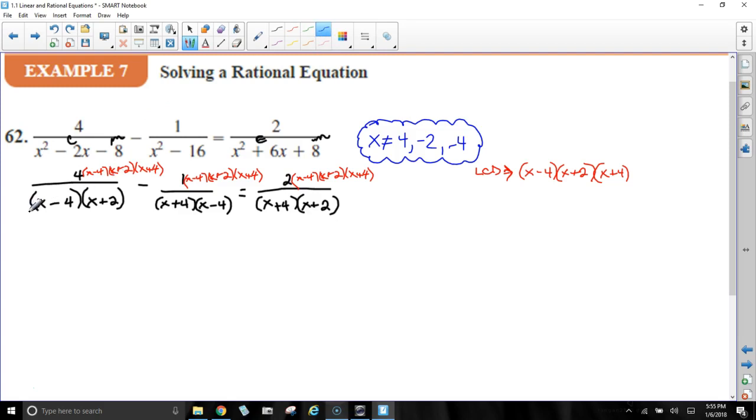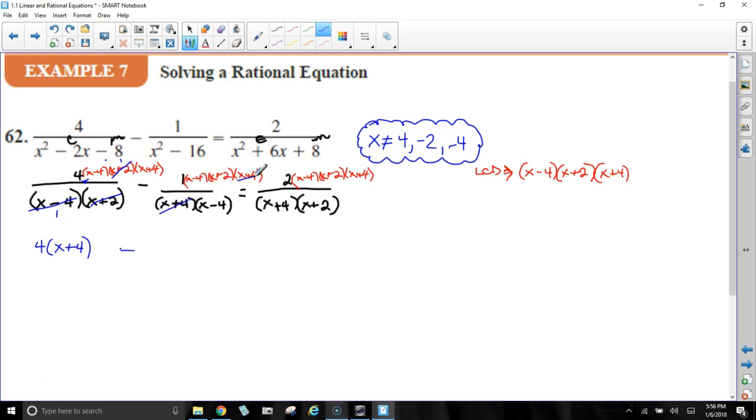Okay, now comes the fun part where we get to wipe out the common factors and write what's left. This x minus 4 reduces with this x minus 4, leaving us with 1s. The x plus 2 reduces with this x plus 2, leaving us with 1s. So what we have remaining is the 4 from right here multiplied by the quantity x plus 4. Bring down the minus sign here. Now jump over to the next term and reduce your common factors.